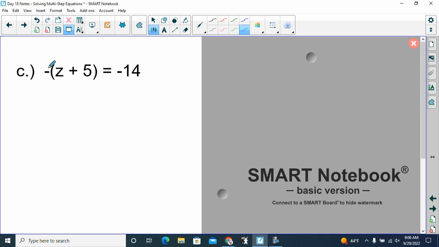We have a number out front. Even though it doesn't necessarily look like a number, remember if there's no number there, it's understood to be a 1. So that's a negative 1. Instead of squeezing it in right there, I'm going to rewrite it with a negative 1. Our steps said to use the distributive property. We're going to do negative 1 times z, negative 1 times 5.